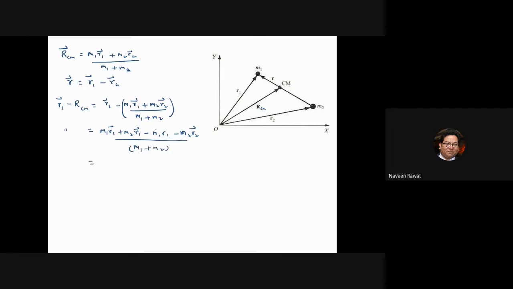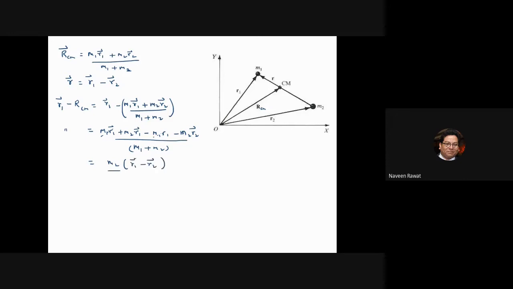All right, so here now I can see that some terms are cancelling. This m1 r1 will cancel itself out. Okay, and I get m2 is a common value. Okay, and I'm getting r1 minus r2.